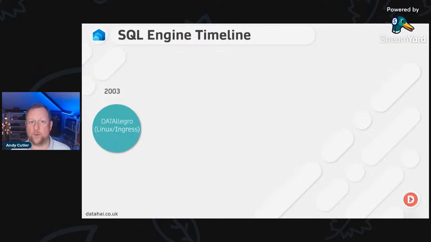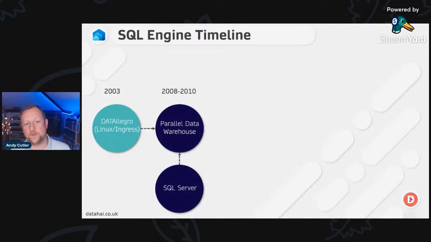So who came along and bought them? Microsoft. Microsoft bought Data Allegro, wrapped in a bit of SQL Server magic wand, and out pops Parallel Data Warehouse, or PDW, 2008 to 2010. Essentially, this was, again, an installable appliance.